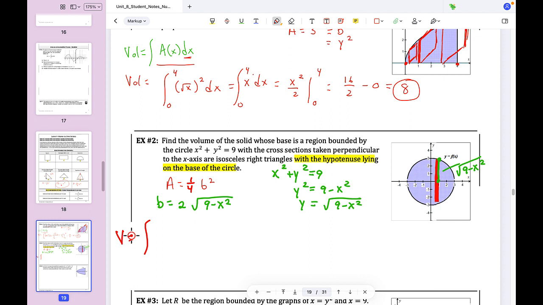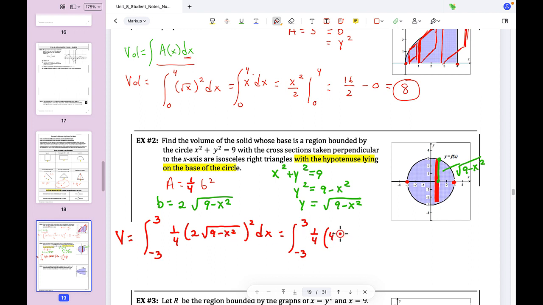Okay, so we're going to integrate. The volume equals the integral from -3 to 3 of the area function, which is 1/4 times the base, 2 square root of 9 minus x squared, squared, dx, which equals the integral from -3 to 3 of 1/4 times 4.